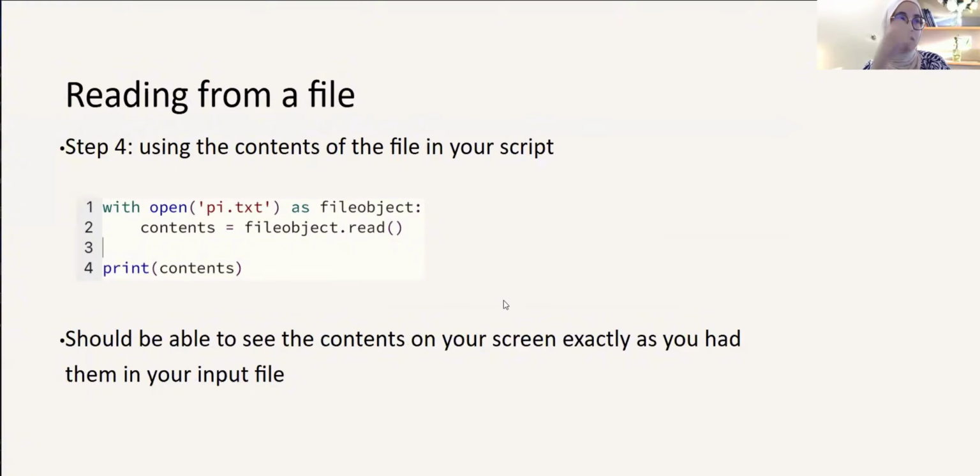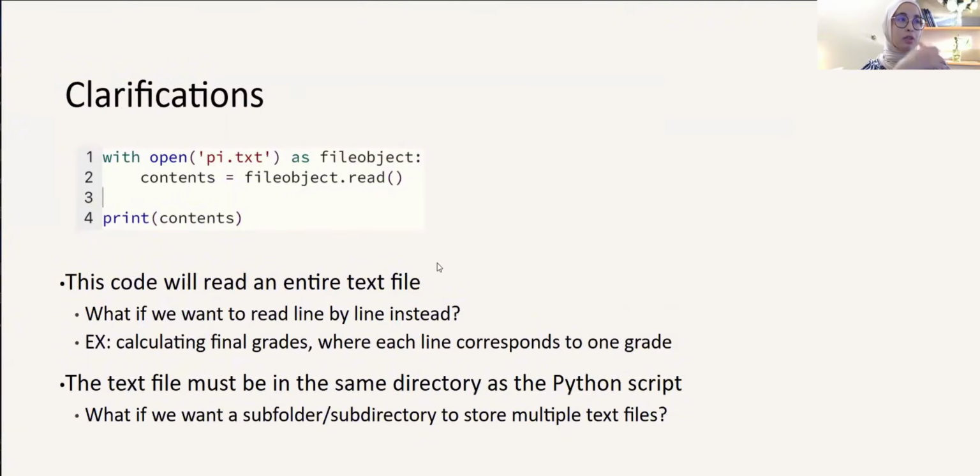The fourth step is to use the content of the file in your script. So print, for example, this content. You can just use a simple print. In this case, you should be able to see the content on your screen exactly as you have it in your input file.